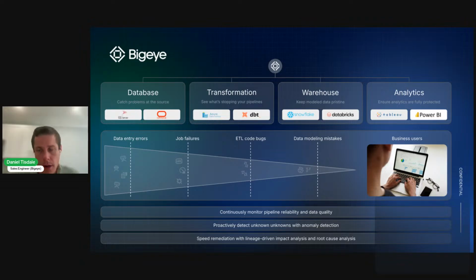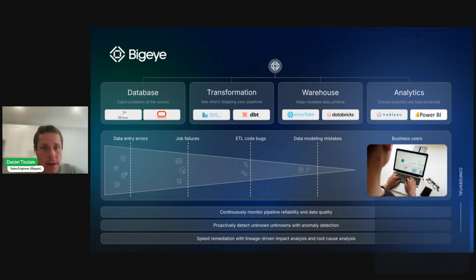We've got a number of different integrations that allow you to really instill trust and confidence at each layer of the pipeline as data is getting transformed and manipulated, and ultimately ending up in a downstream dashboard, for example. So we continuously monitor the pipeline reliability and data quality.